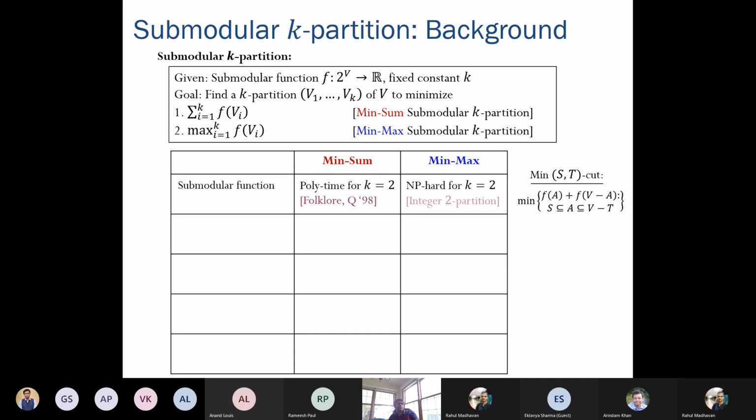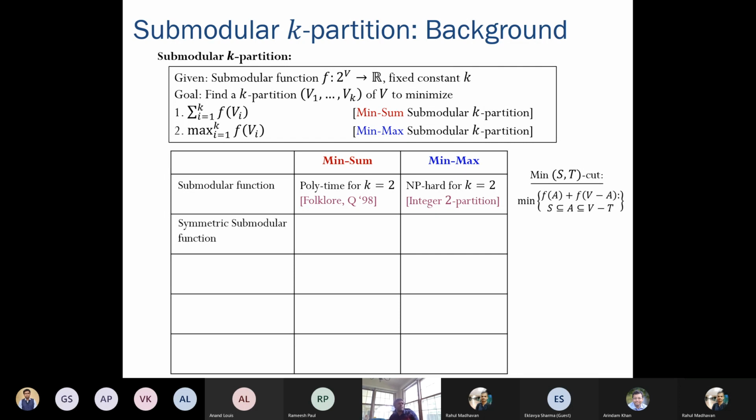The reason is because partitioning a given set of integers into 2 non-empty parts so as to minimize the maximum sum of the values of the 2 parts is already NP hard. Integer 2 partition is already NP hard. Essentially, min-max modular 2 partition is already NP hard. Forget about min-max submodular 2 partition. So this is already NP hard. So there is no hope here.